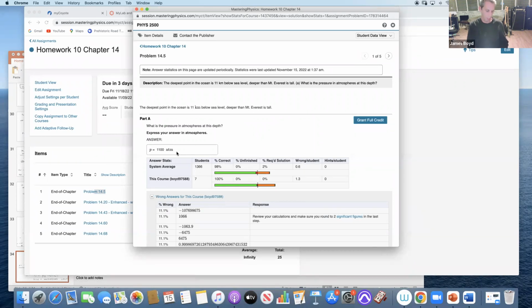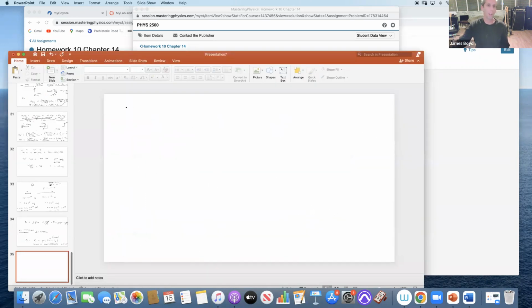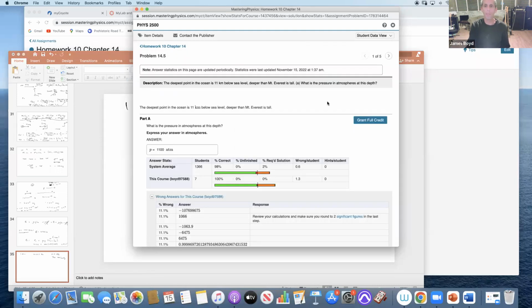Which if we divide by 101.325, we get about 1064, or 1,000 atmospheres. So really fast, 1 atmosphere at the surface of the Earth is 101.325 kilopascals. That's also 14.7 psi. That's also 760 torr, otherwise known as millimeters of mercury, if they give it to you.